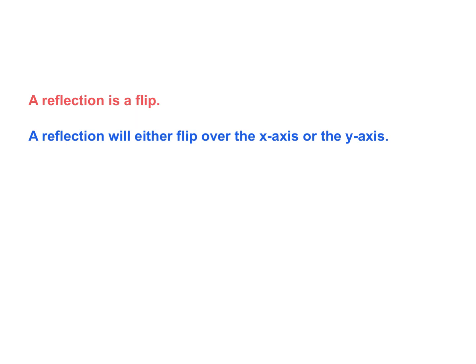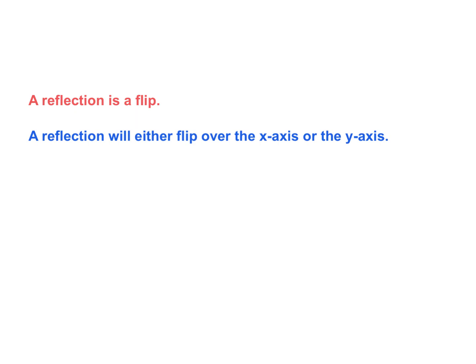Now, in our course, we're only going to talk about 2 types of reflections. There are more, but we are only going to talk about 2 of them: a flip over the x-axis or a flip over the y-axis. When you get to pre-calc, you will learn about other types of reflections.